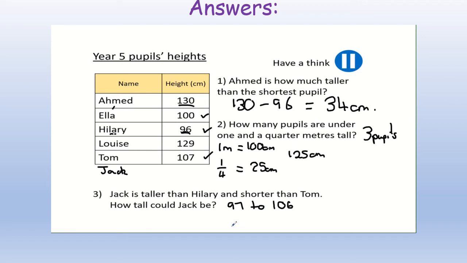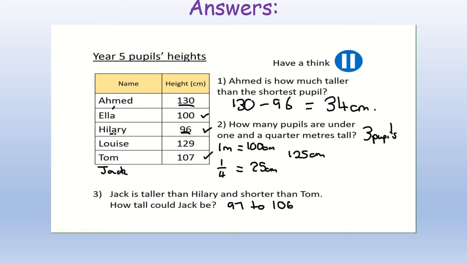So 97, 98, 99, 100, 101, 102, 103, 104, 105, or 106. So 97 to 106. Well done.